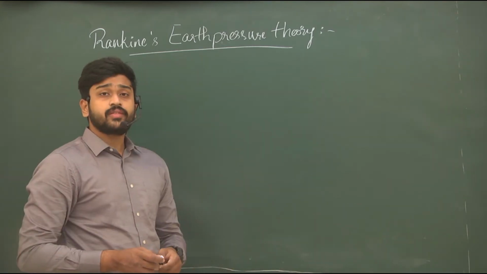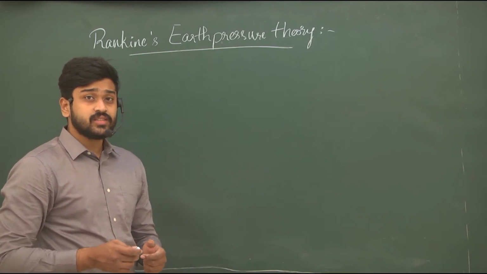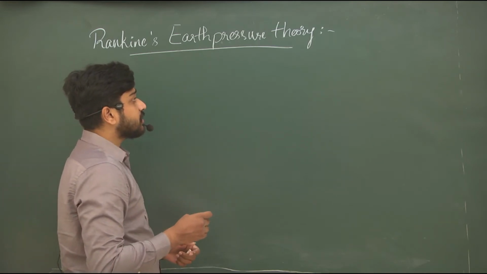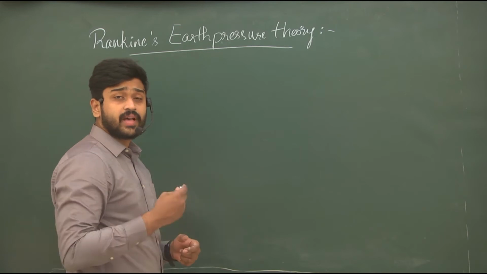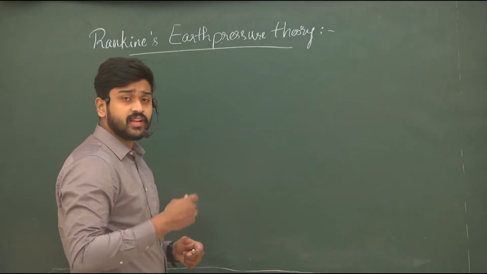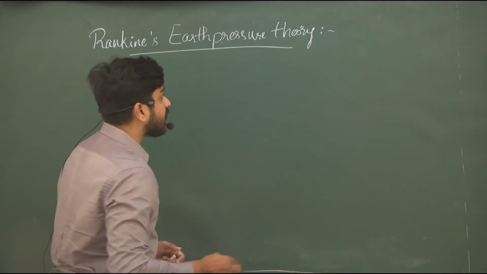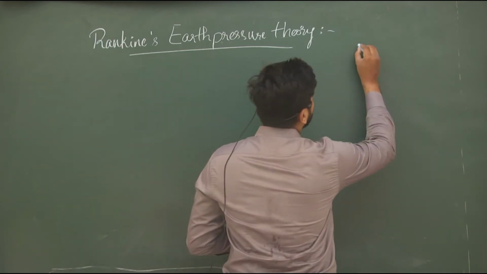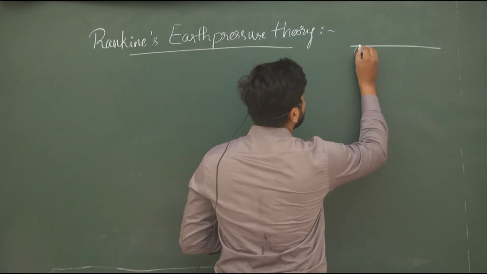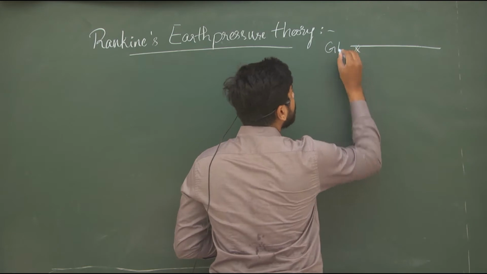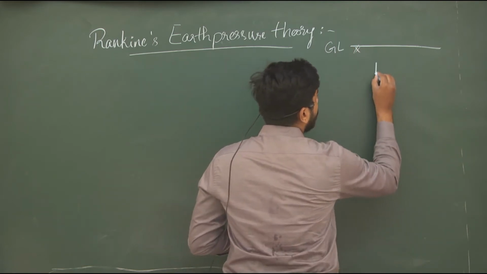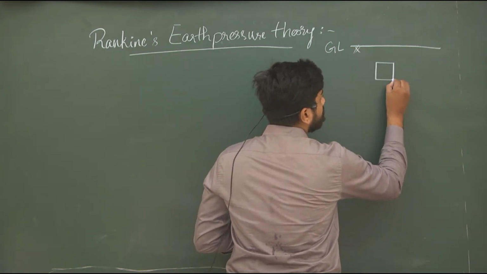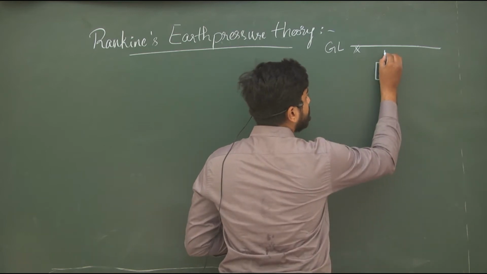Now, based on these considerations, let us try to obtain the passive earth pressure and the active earth pressure. Before that, let me consider a ground surface. This is a ground level, below which there is a soil element that is considered.